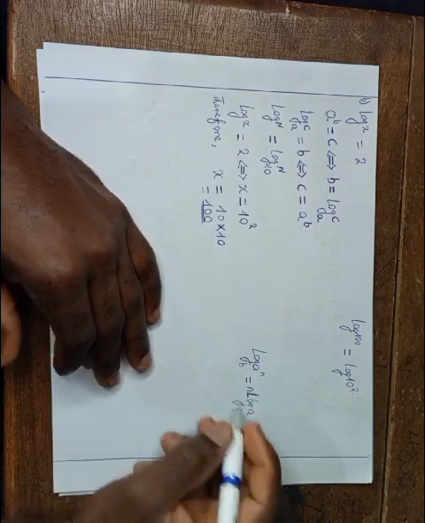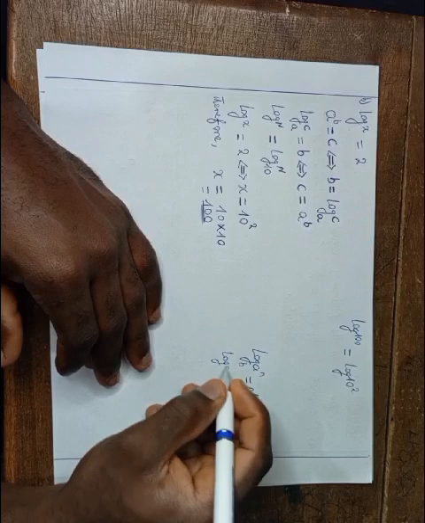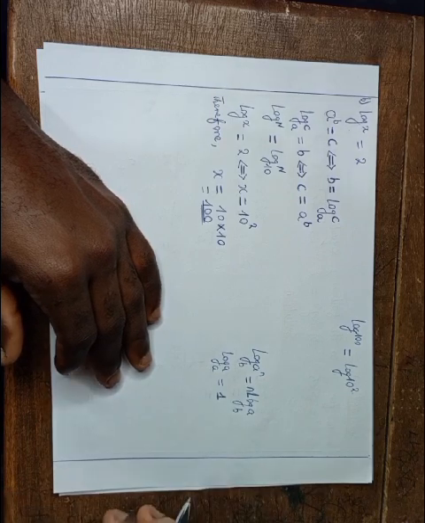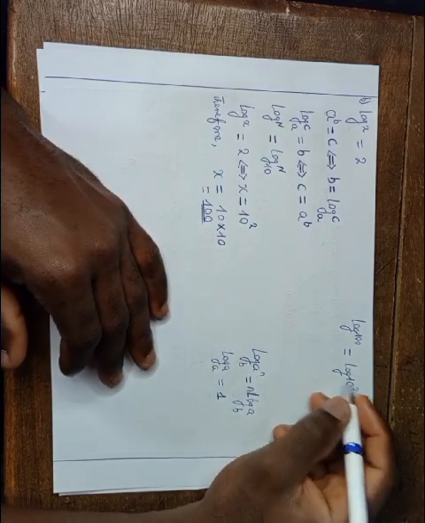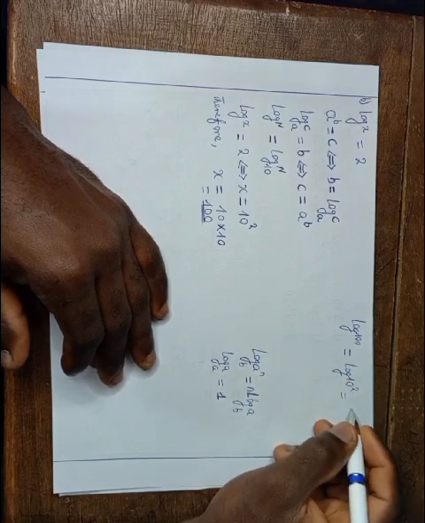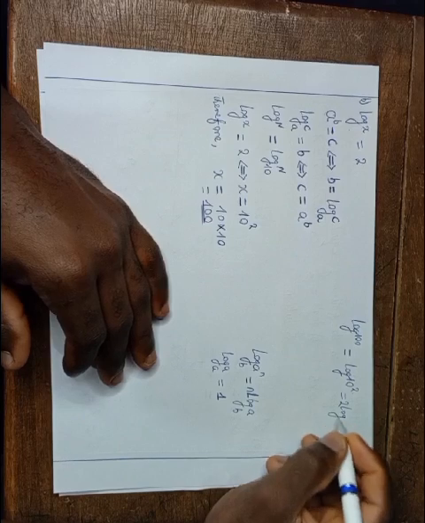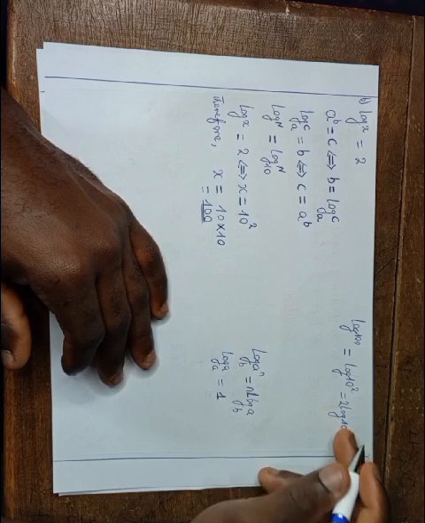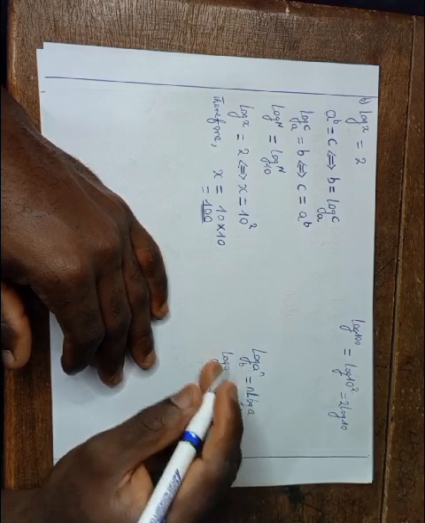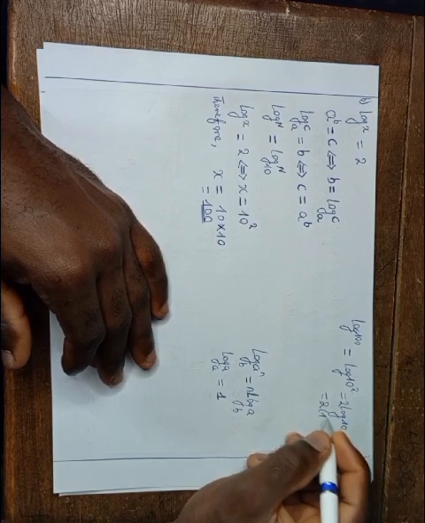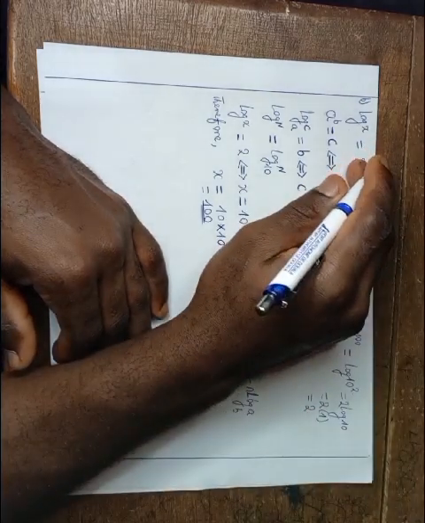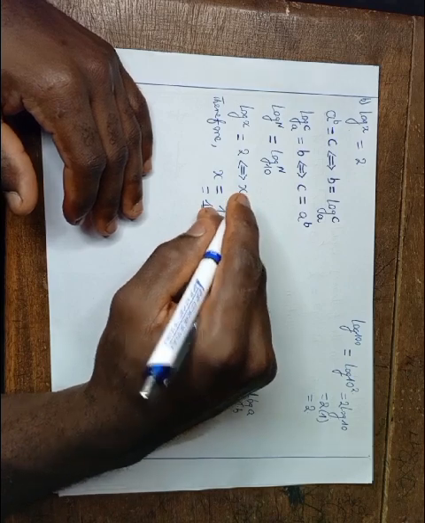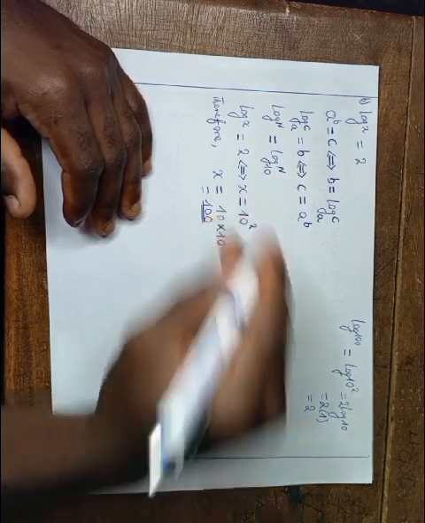Then remember, we have another law which states that log a base a is equal to 1. So if you apply the law of power here, this will simply be equal to 2 log 10. Remember, the base is 10 when no base is given. Log 10 base 10, according to this, is simply equal to 1. So this will give us 2 times 1, which is 2, you can see. So the value of x is 100.